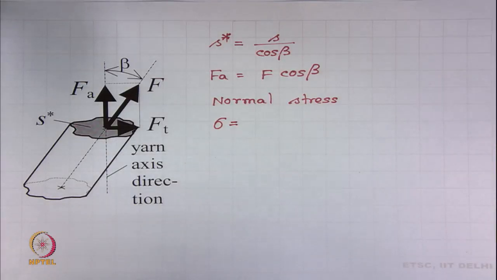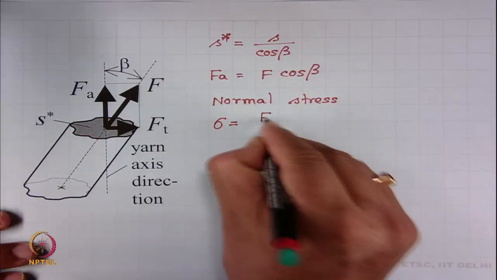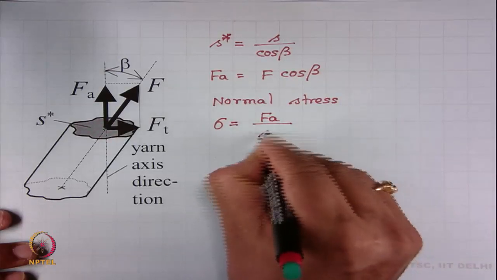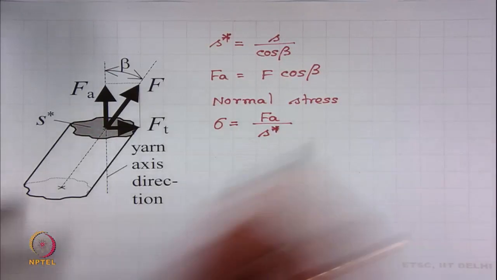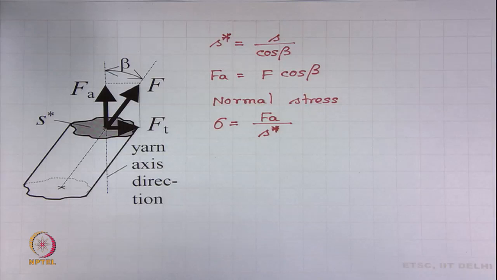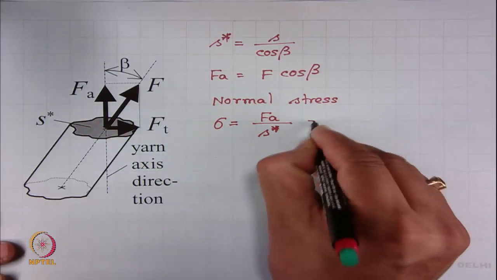Sigma is F A divided by S star. So, what is F A?